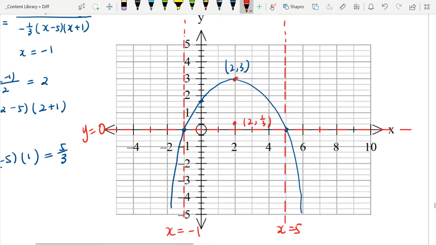And what must the y-intercept be? 3 on 5, so 0.6. So it's approximately here. So the graph is like that.